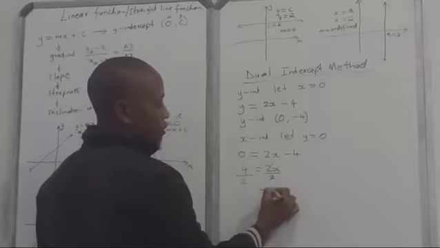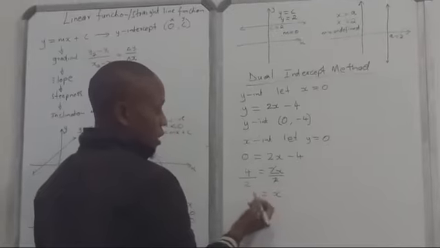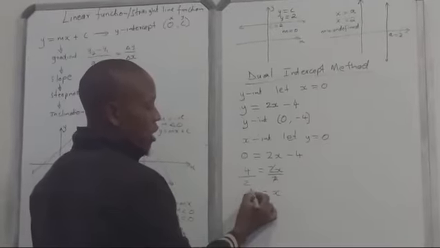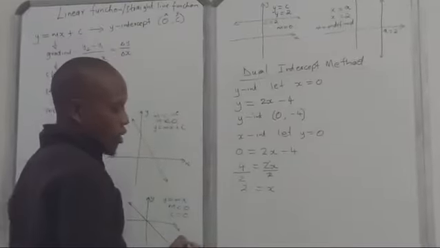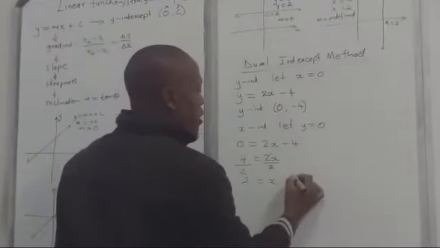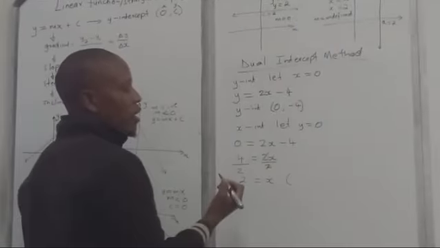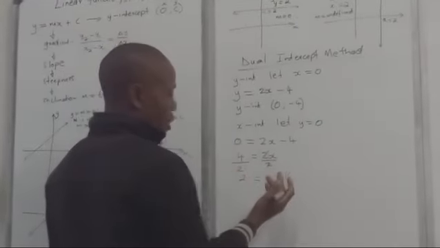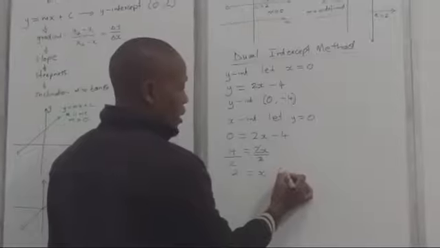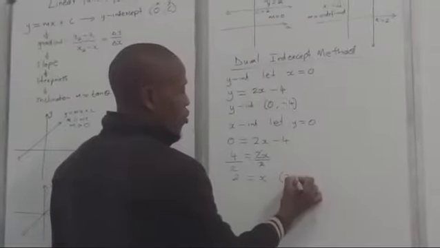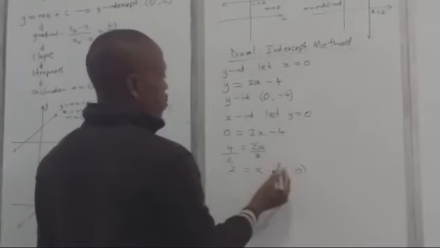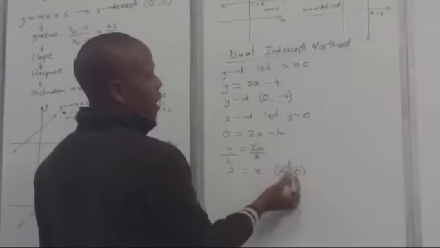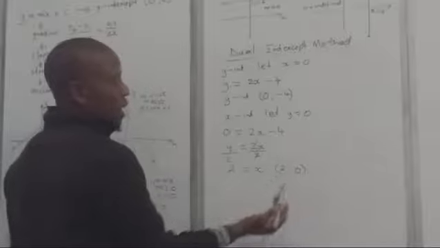What you do on the left, you do on the right. That's the laws of equations, and therefore 4 over 2 is equals to 2. Always write your points in a coordinate form, which is going to be 2 and 0 for the x-intercept. Because as said, we always start with x and then we write y.